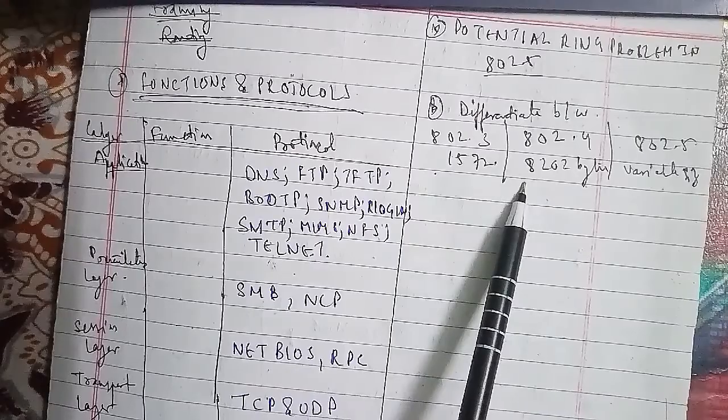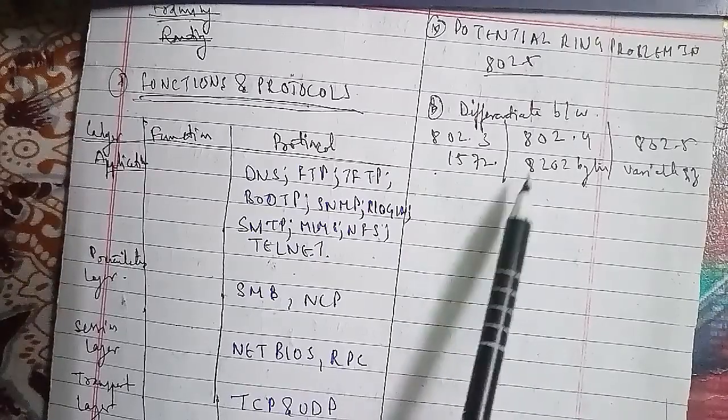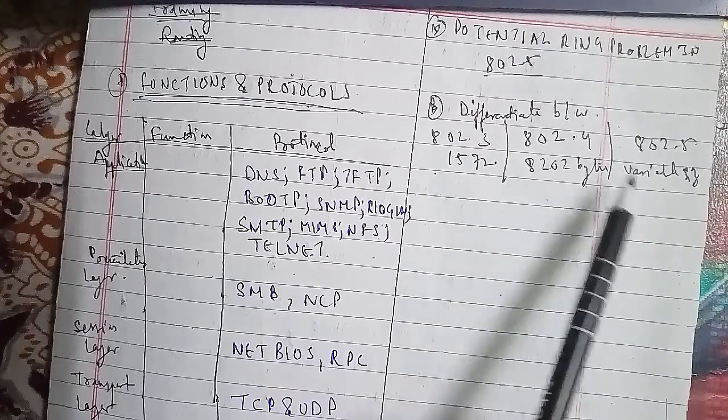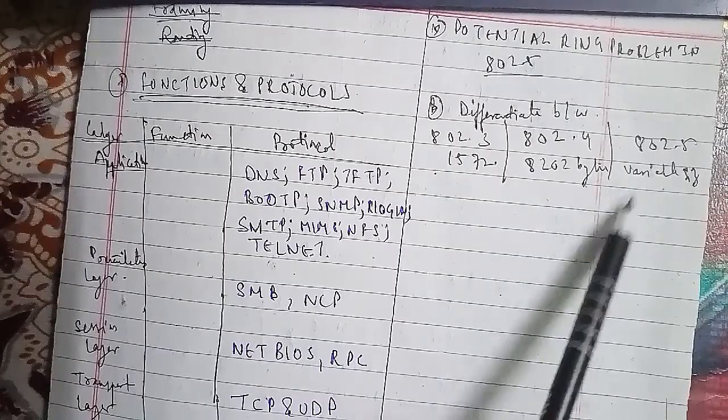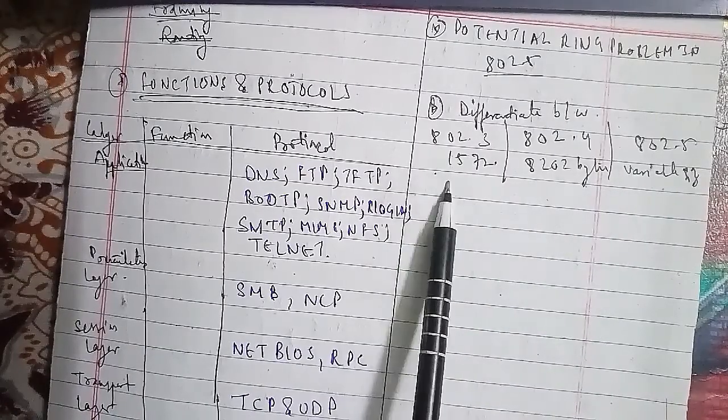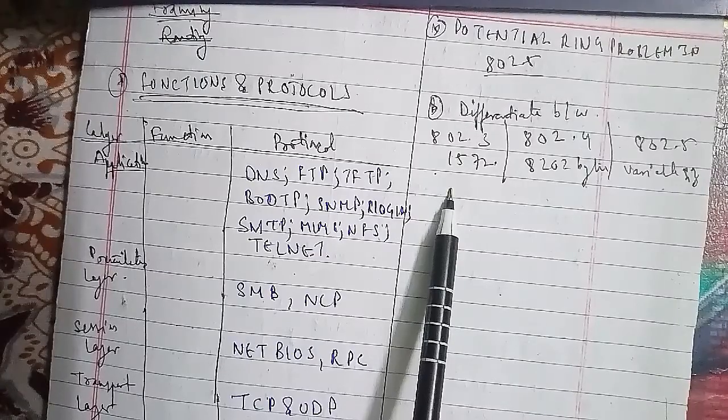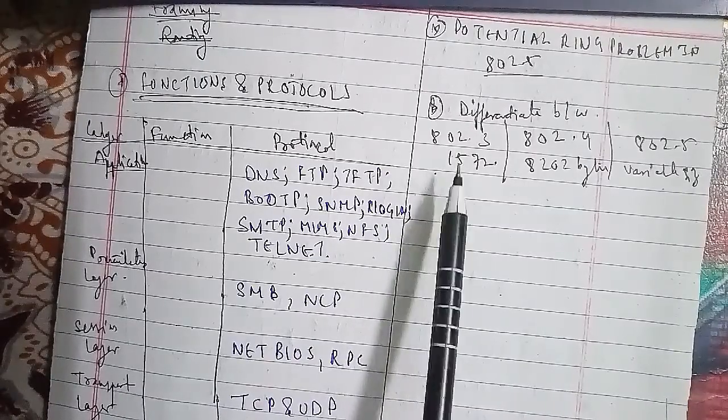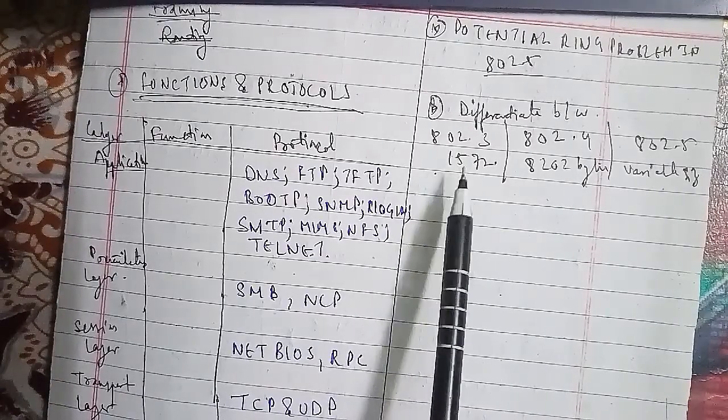802.11 refers to a family of specifications developed by the IEEE for wireless LAN technology, and there are three specifications in the family: 802.11, 802.11a, and 802.11b.